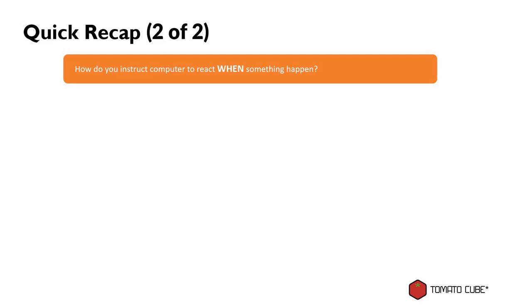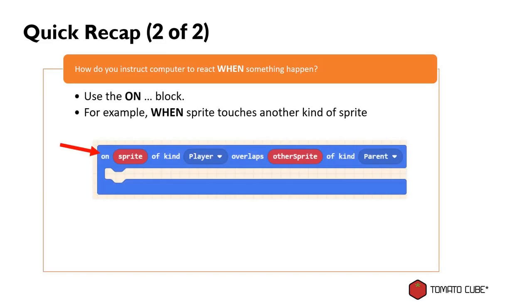In order to do that in MakeCode, we use the on block. For example, we want when a sprite touches another kind of sprite. So we use this on block, which looks like this, in this shape, starting with on. So on sprite of kind player overlaps other sprite of kind parent.